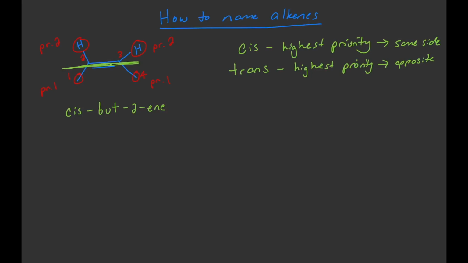By doing EZ notation, instead of using cis-trans, when we have our highest priority groups on the same side of the alkene, this is going to be Z. And if we have trans, this is going to be E. The way I like to think about it is Z, same side. And then just remember that E is opposite.